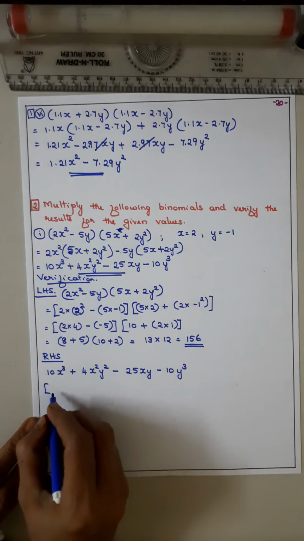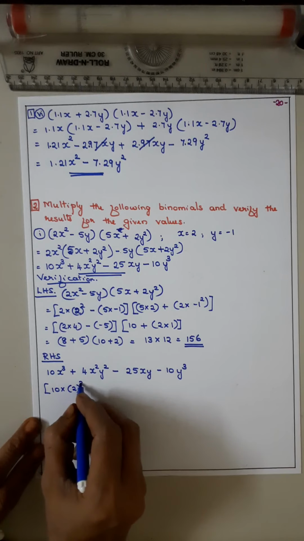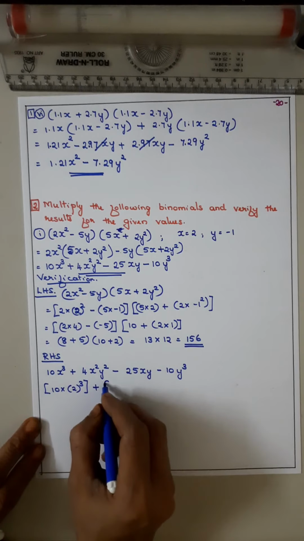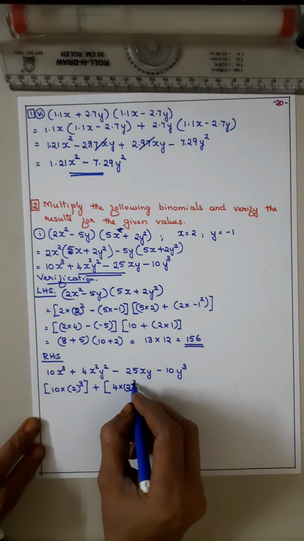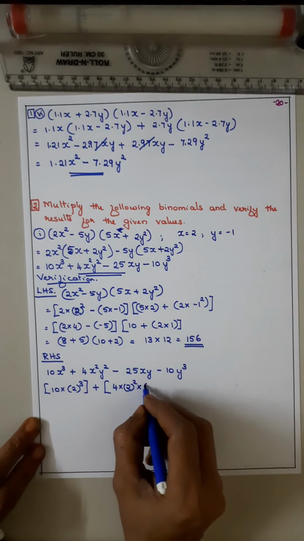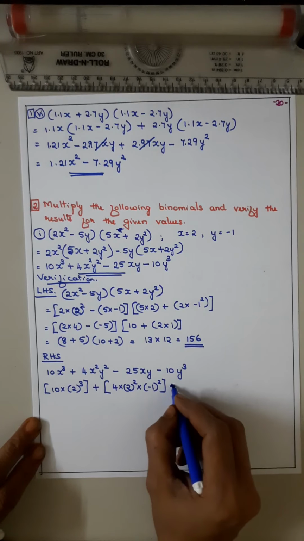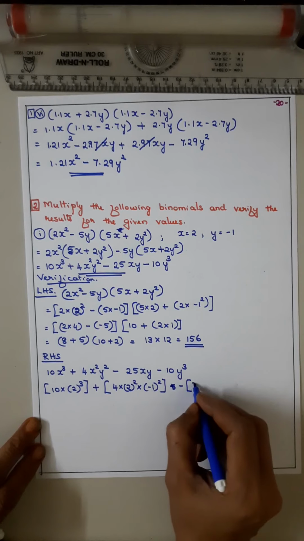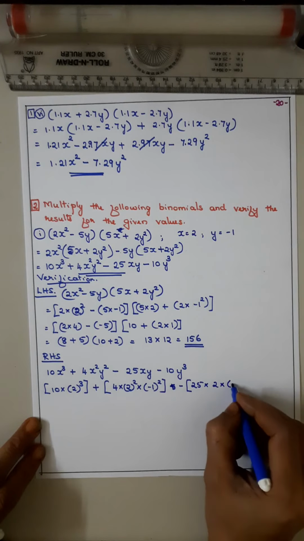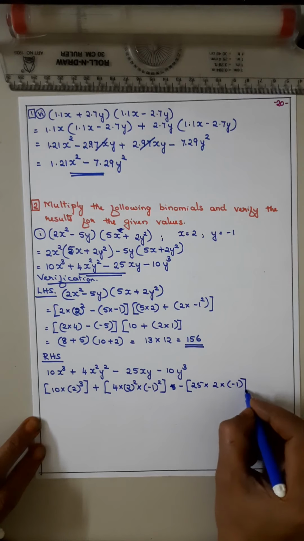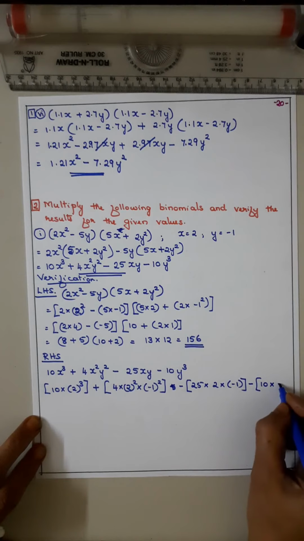It is 10 into x is 2 cube plus 4 into x squared, that is 2 squared, y squared is minus 1 squared, sorry, it is minus 25 into x is 2 and y is minus 1, bracket close, minus 10 into minus 1 cube.